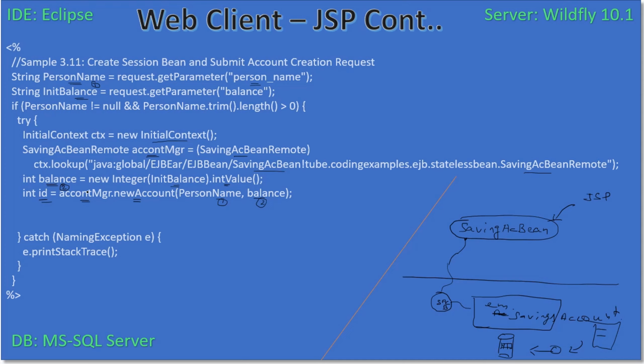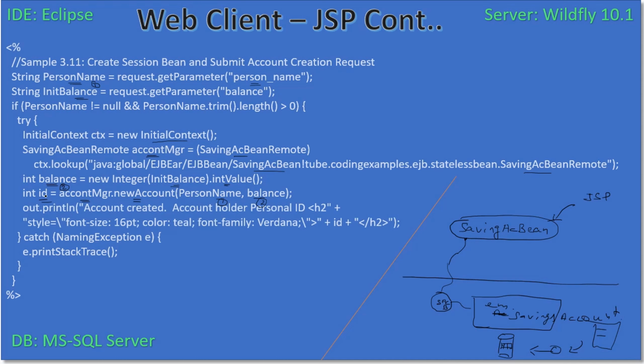So that's a return value, right? The entity class savings account is our entity class. Saving account bean is our stateless session bean instance. The saving account is returning the new ID of the record, and that's handed over to the saving account bean, and the saving account bean returns it, and the return value is stored here.